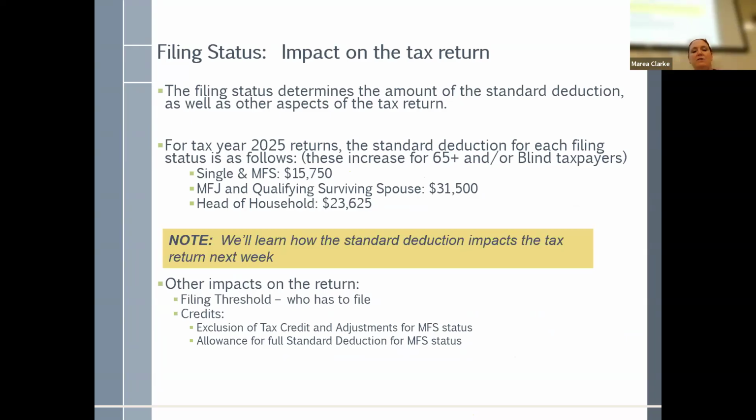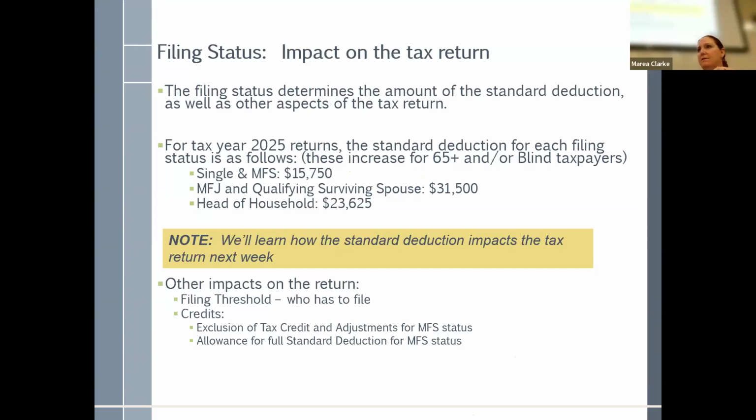So for 2025, these are the standard deductions. Again, I already had those in my one table. There are some other impacts in terms of who has to file, but your filing status does have one other very important effect, which is that some filing status categories are not eligible for some types of tax credits.